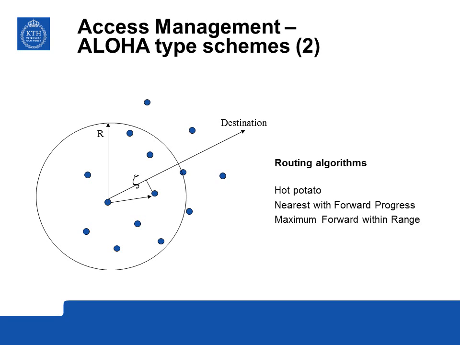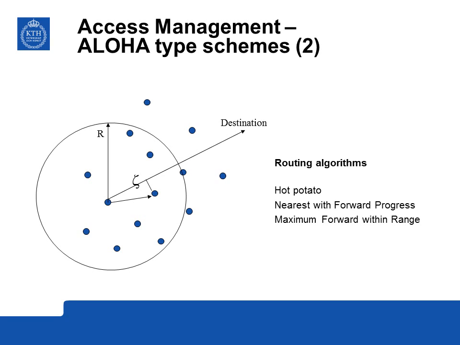The nearest with forward progress has the advantage that since the transmission is a very short distance away from the origin, the probability that we'll have a good signal to interference ratio is very high. So the probability of a successful transmission will be high, but on the other hand, zeta is likely to be small. The maximum forward within range is the opposite.